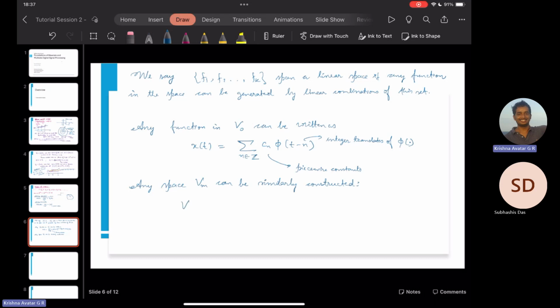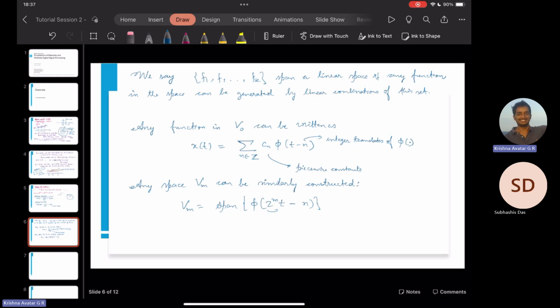And how do we construct it? So VM is equal to span of phi of 2 to the power m t minus n. And as you recall, 2 to the power m indicates that, even in Fourier analysis, the higher the term which multiplies the independent variable t, it indicates that it's able to capture finer oscillations.